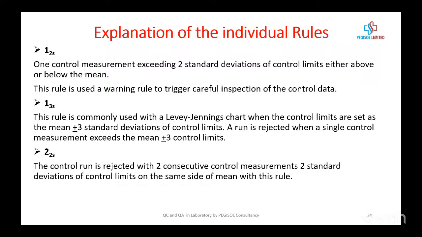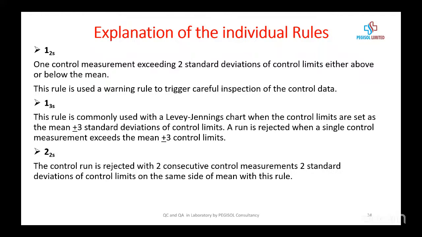It's a random error. Now, 1-3S, this rule is commonly used with the Levey-Jennings chart when the control limit set from the mean is three standard deviations. When you use three standard deviations as your limit, not two, a run is rejected when a single control measurement exceeds the mean plus or minus what? Three standard deviations.